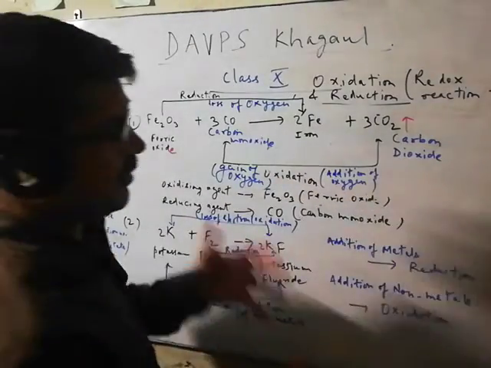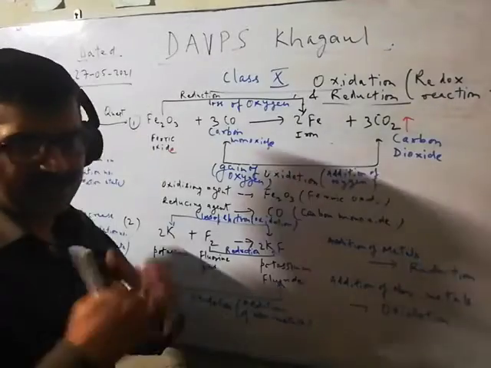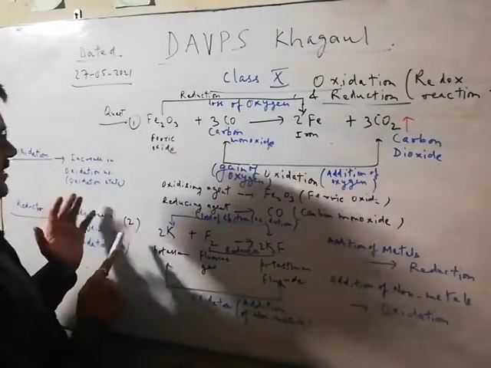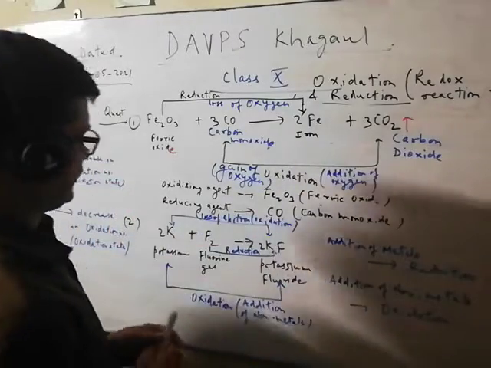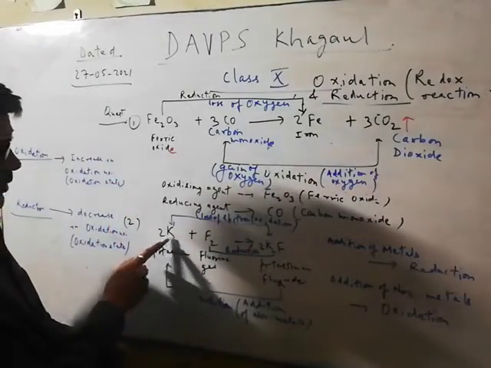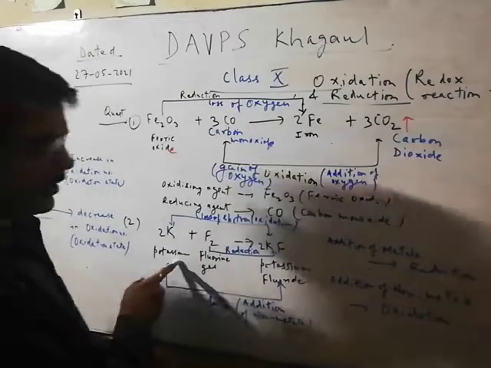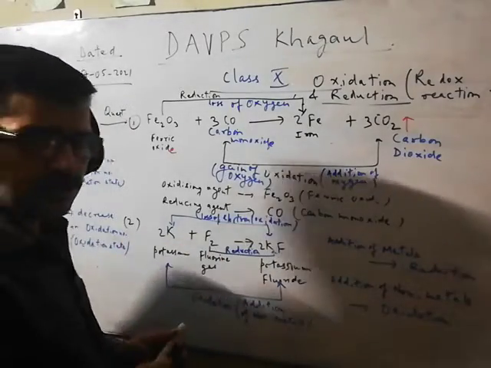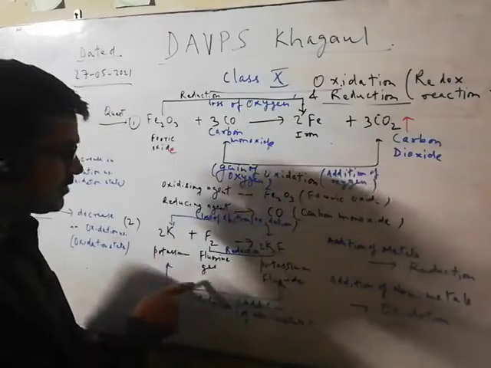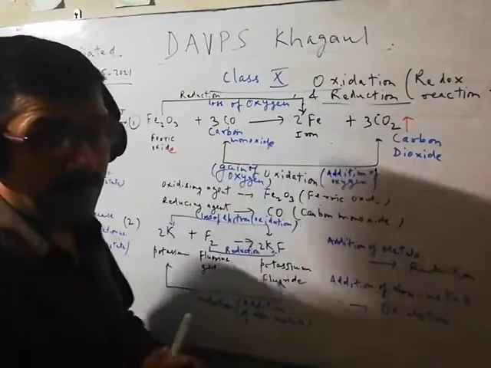Now another way also we can define oxidation and reduction. So let's see what happens in the second equation. Potassium is reacting with fluorine gas.